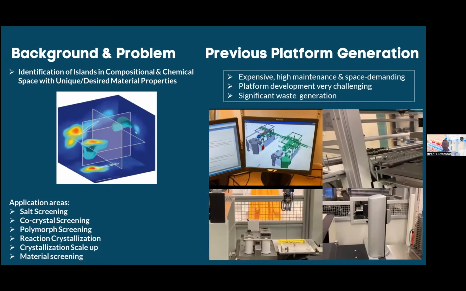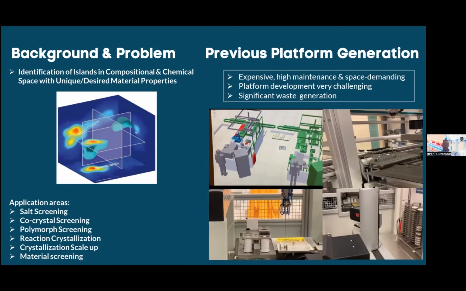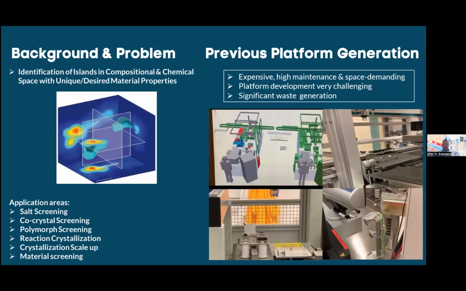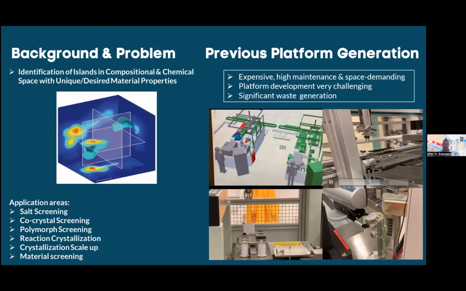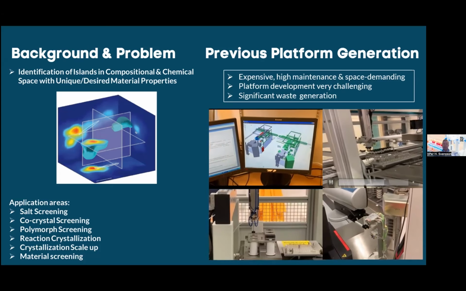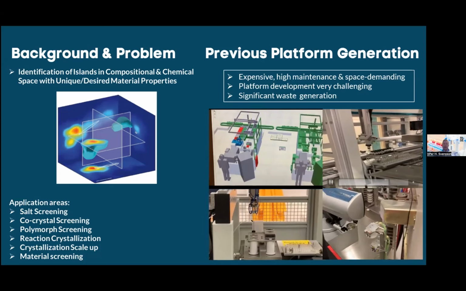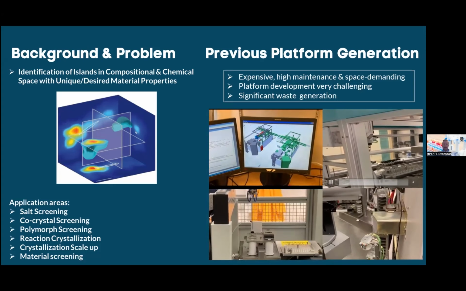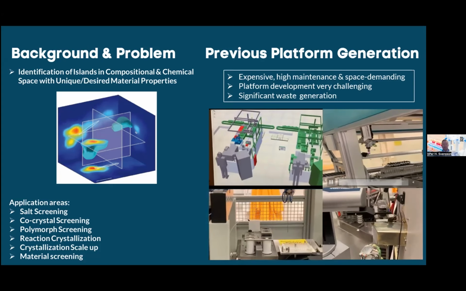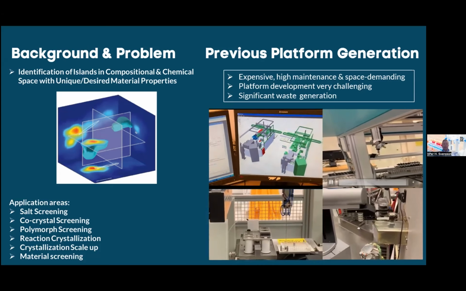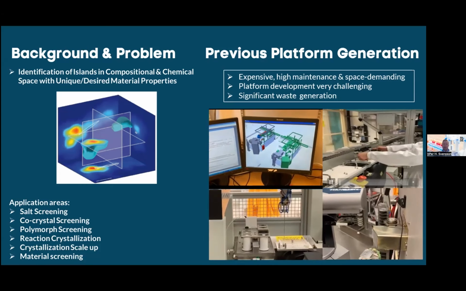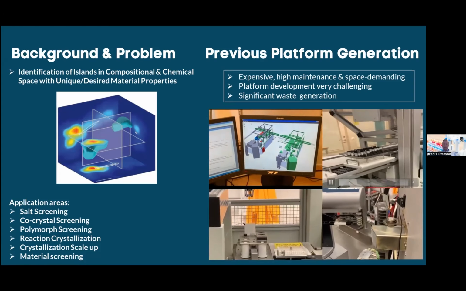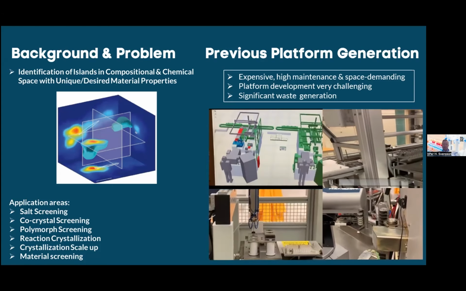However, this system has several significant disadvantages. It is very expensive, it has high maintenance, and it's actually very space demanding. To develop this platform further is very challenging, and if we would like to implement AI or machine learning, it would be very difficult. Furthermore, it also generates a significant amount of waste.